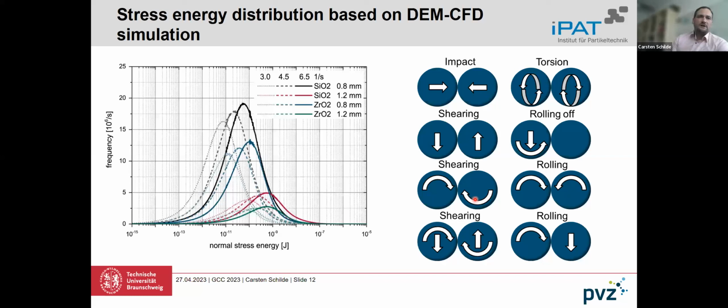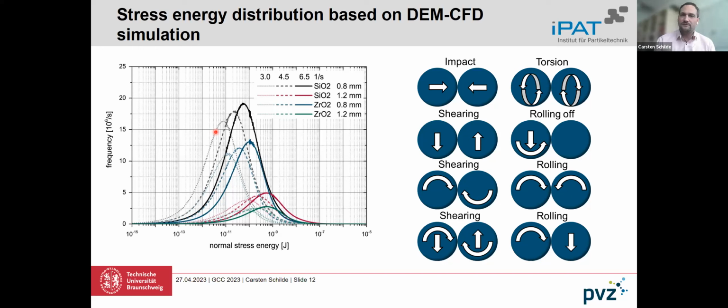And what you can derive from these simulations are stress energy distributions depending on different grinding media sizes and grinding media materials, different tip speeds, and you can derive certain models. And if you do so and take a look at these results, you come to the conclusion that the model of Arno Quade works quite well. There are slight differences depending on the viscosity of the fluid.